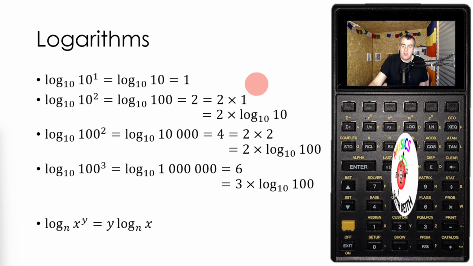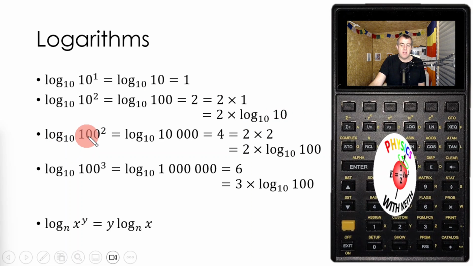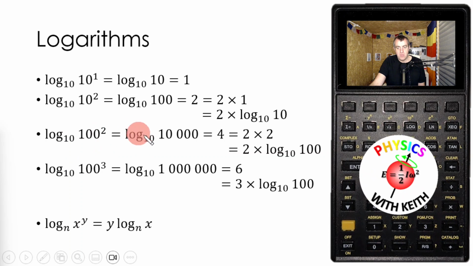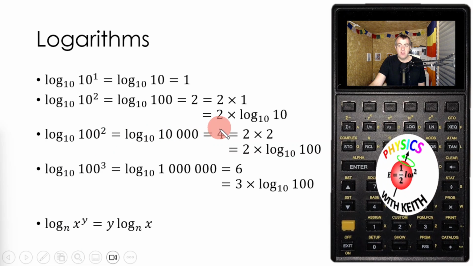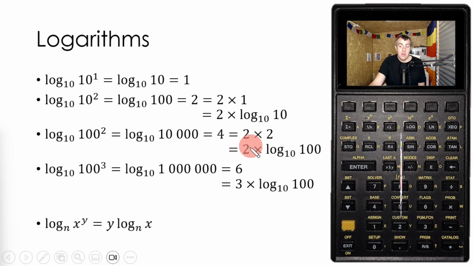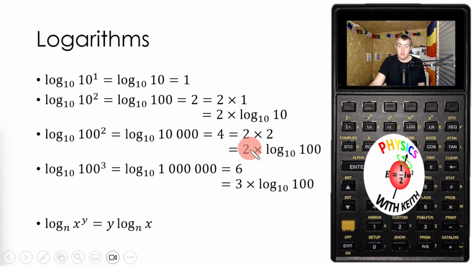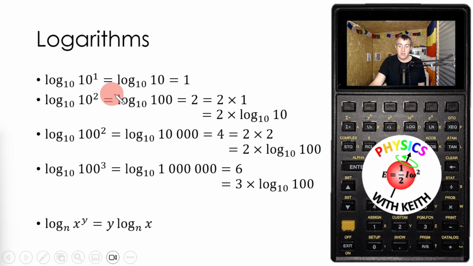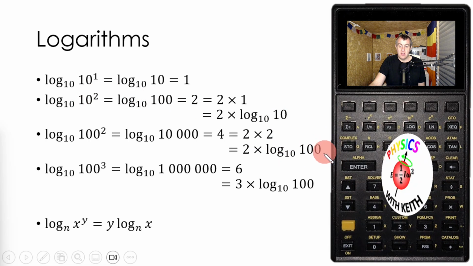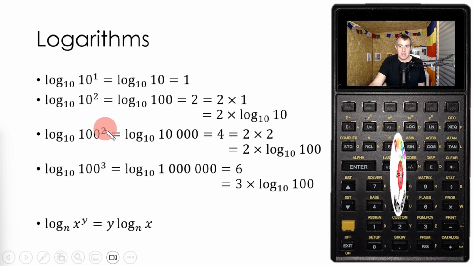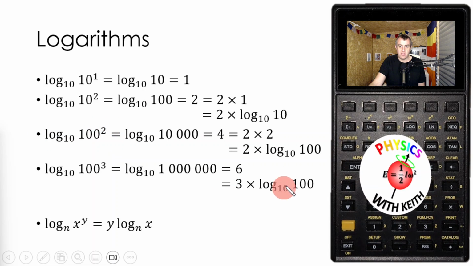Does it work for anything else? Well, let's try it with 100. Log with the base 10 of 100 to the power of 2, that's 4, which is just 2 times 2, which is 2 times the log with the base 10 of 100. So that's interesting. It's almost like we've taken that number 2 and moved it down to the start.